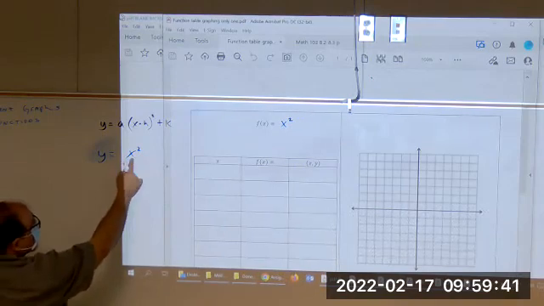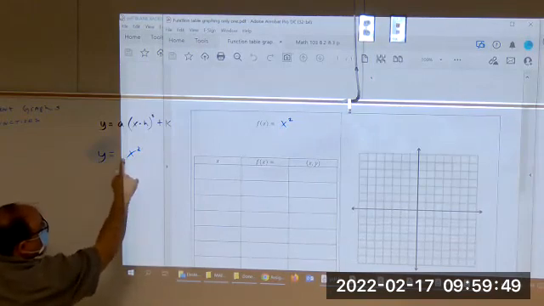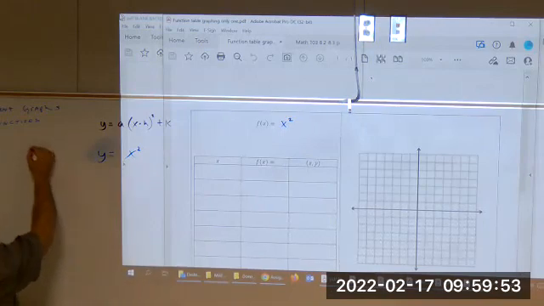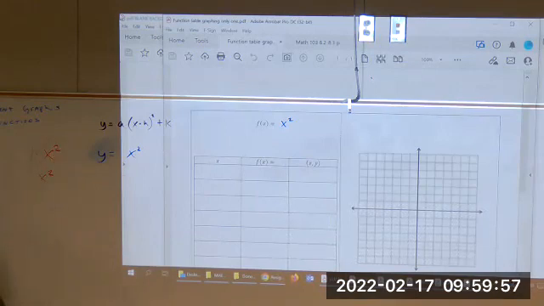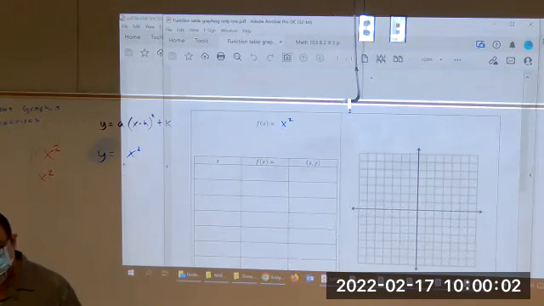How many x squared do you have? No, that's x to the second. How many of them are there? Just one. 1 times x squared is just x squared, isn't it? We don't leave 1 times x squared, but there's a 1 in front of that x squared.